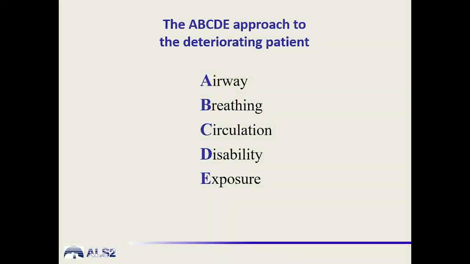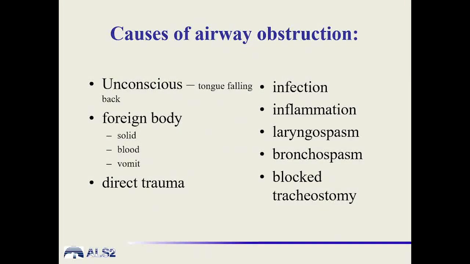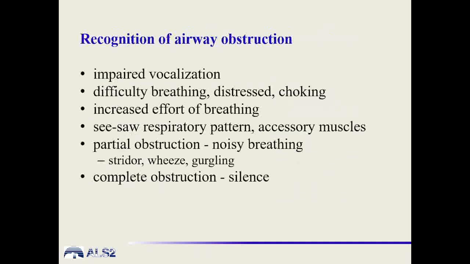So what can we do now? Okay, we are going to go on ABCD approach, right? So now we know if they are unconscious, they are going to have these problems, tongue falling back and all that. But if they have airway obstruction, these can be the situations where you get airway obstruction. But this patient doesn't have that, does he? He's alert, talking, right?